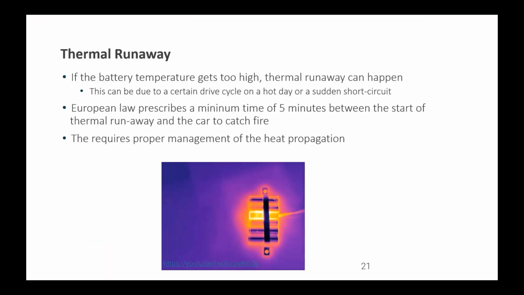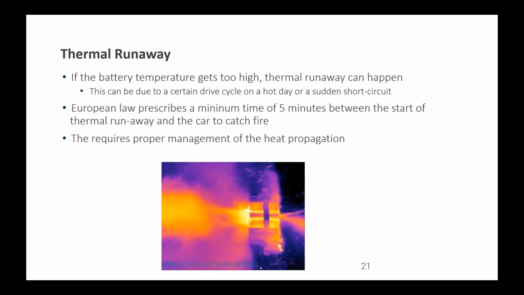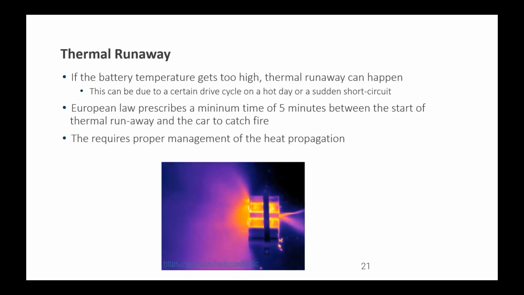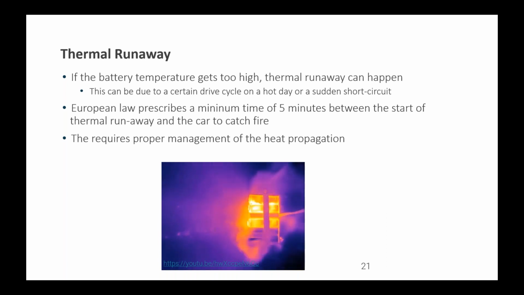And then we can look at thermal runaway. So this is the propagation of thermal runaway, an exothermic reaction that happens in each cell when the reactants start to burn and decompose. It propagates from cell to cell.